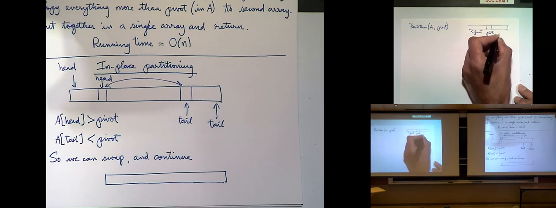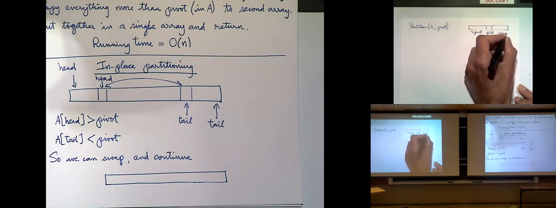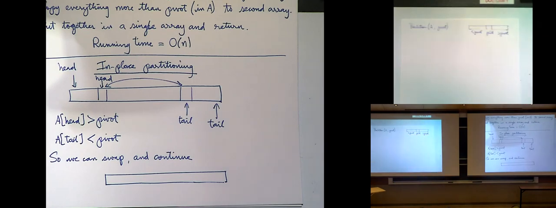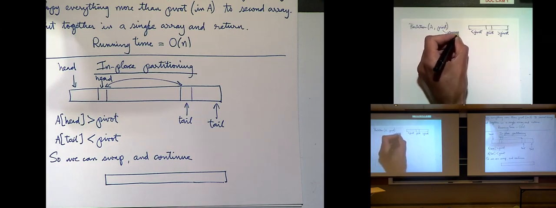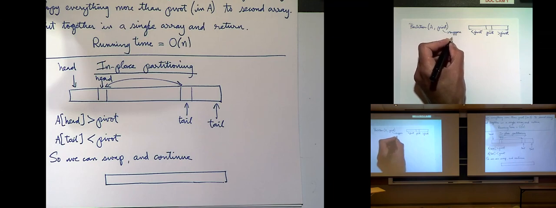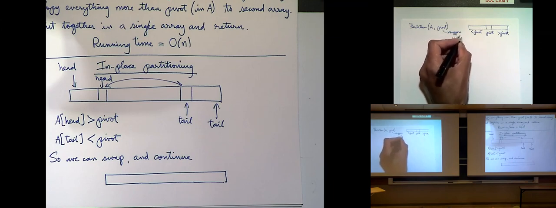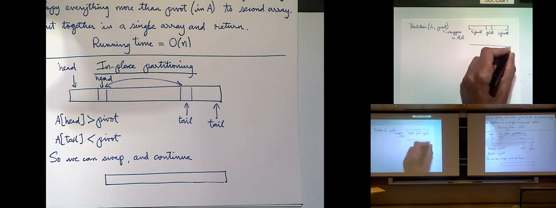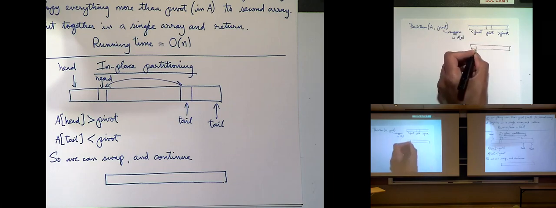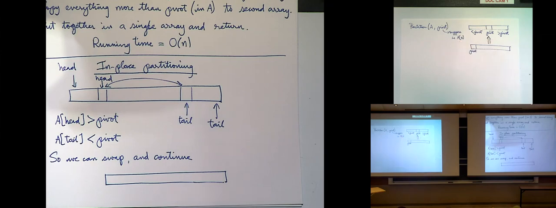The pivot is there. And everything greater than the pivot is there. And let's just suppose the pivot is A0. Right? So initially, the pivot is here. And we want this to become like that.